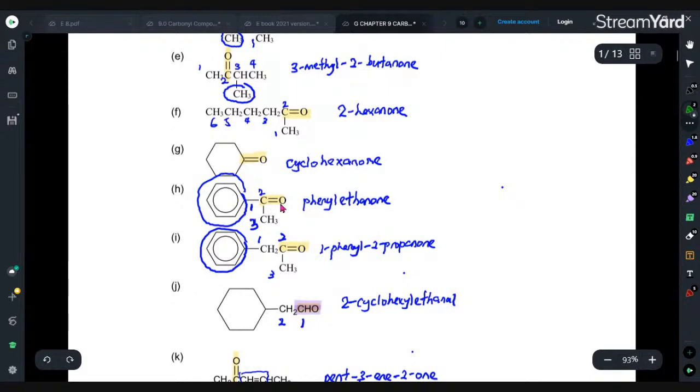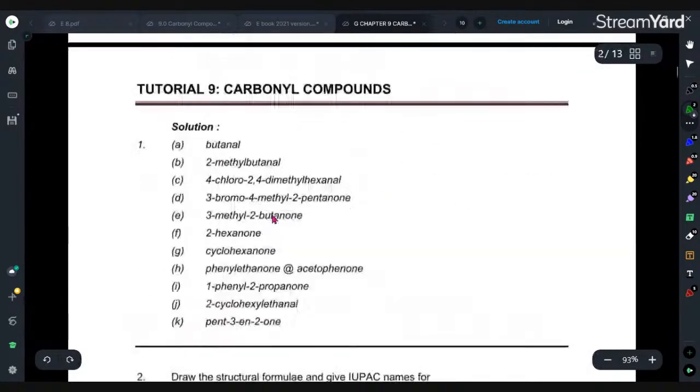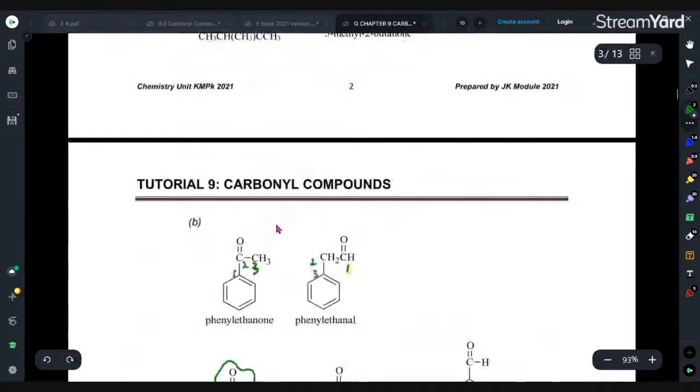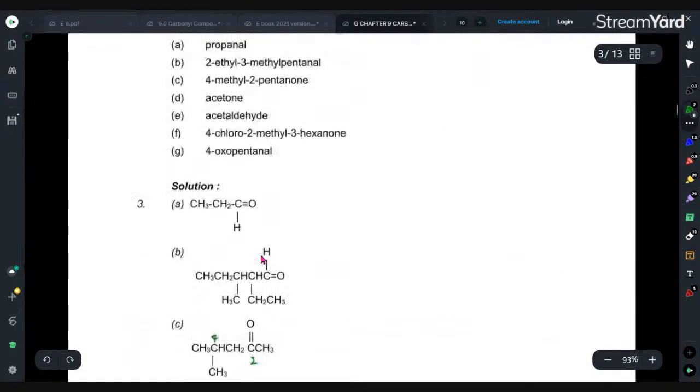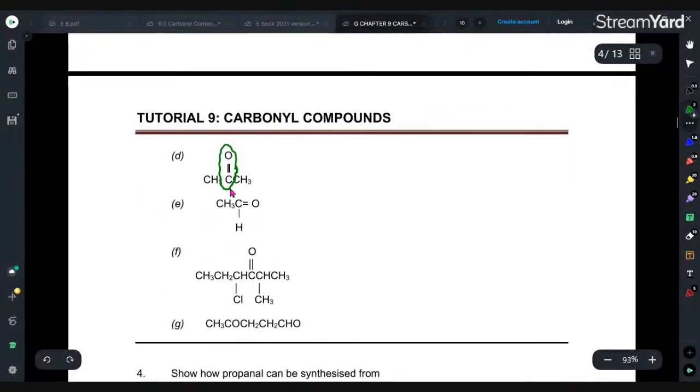And then ethanol, 1, 2. For any, you don't need to mention the position because the position is only one. Same for here, because the position for this compound is just only one. So you don't need to mention the 2, just straight away propanone.